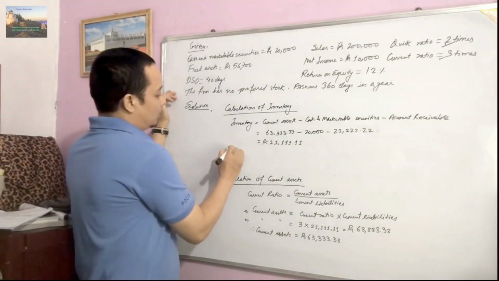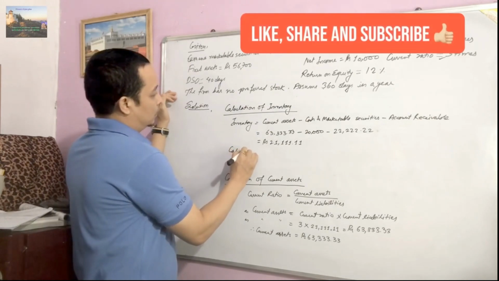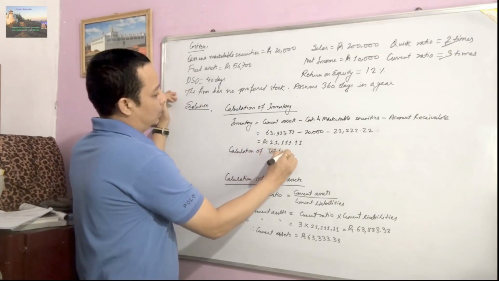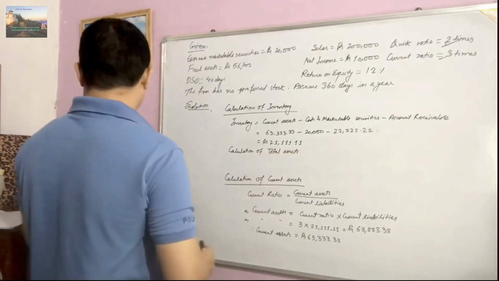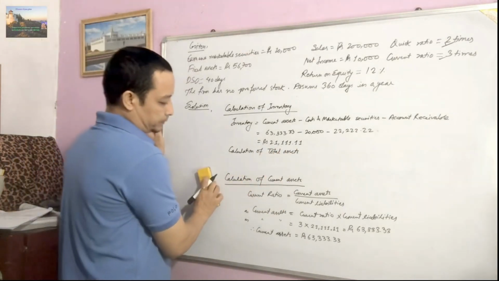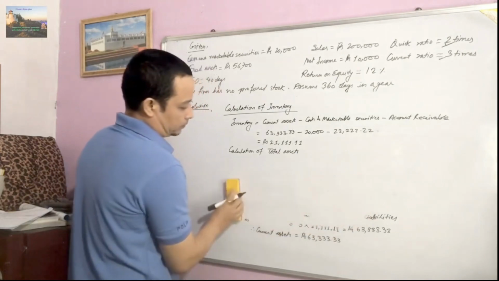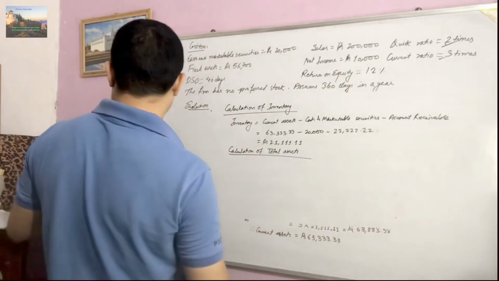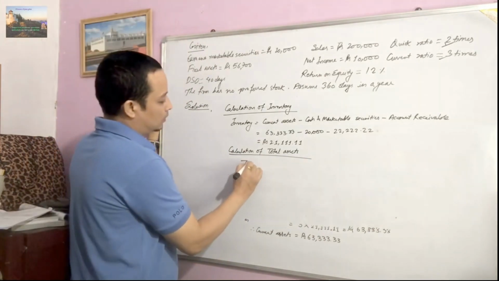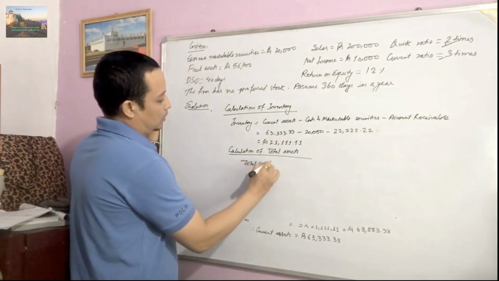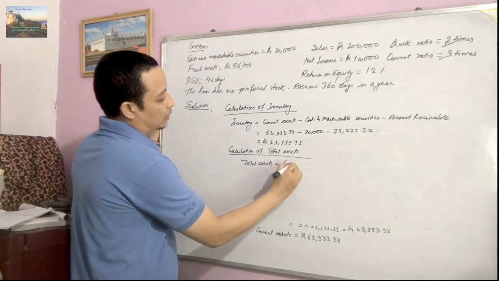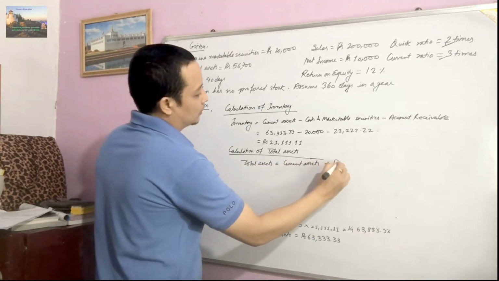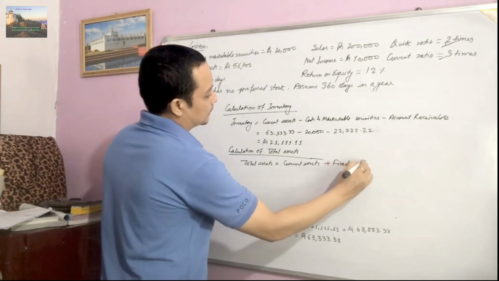Okay. So now calculation of total asset. So total asset equal to current assets plus fixed assets.